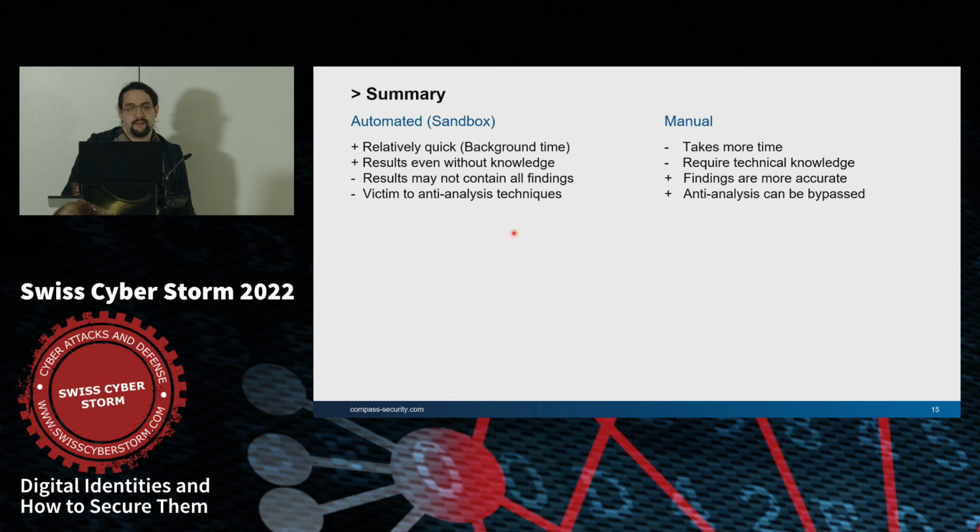Since it's automated, attackers can also see how it works, and they can create techniques to bypass them and prevent the system from working properly. If you do it manually, you can actually look at the malware itself and say, okay, now it's trying to look at time executed, for example, and you can just change some bits and then bypass it.